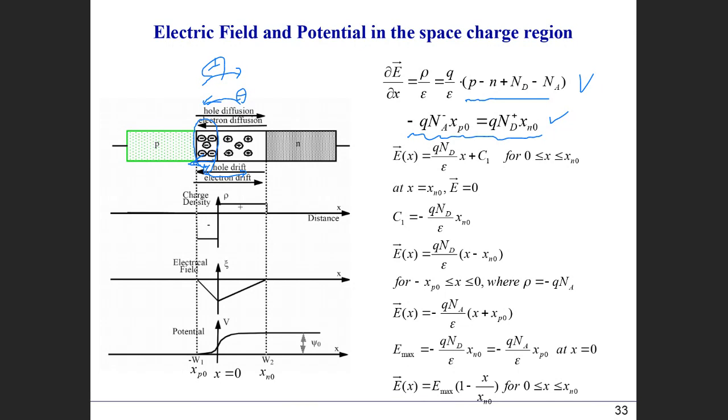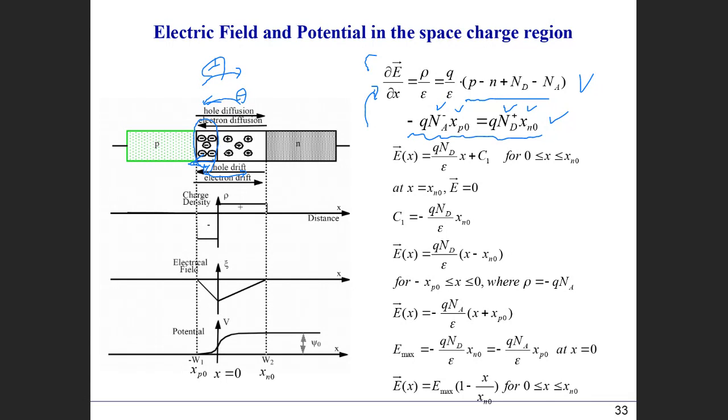So you have the depletion width related to your concentration with this relationship. Now let's go back to this Poisson equation and try to solve it.